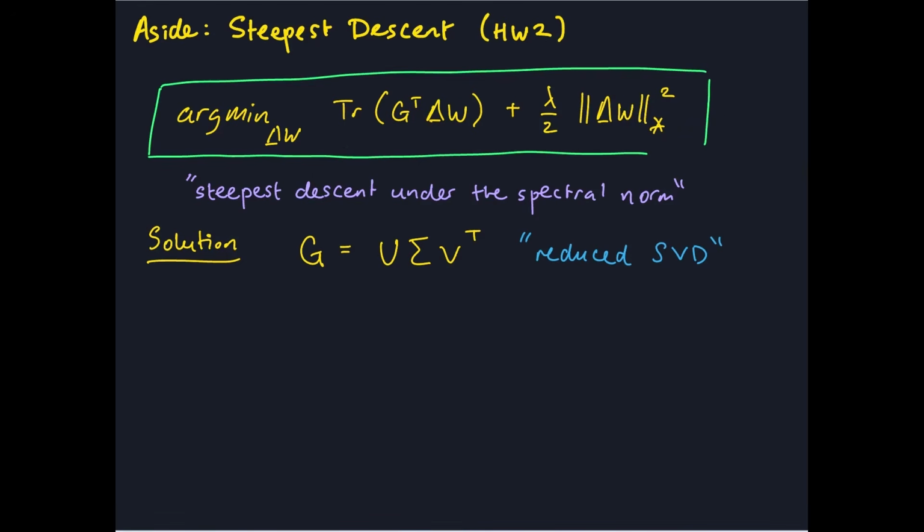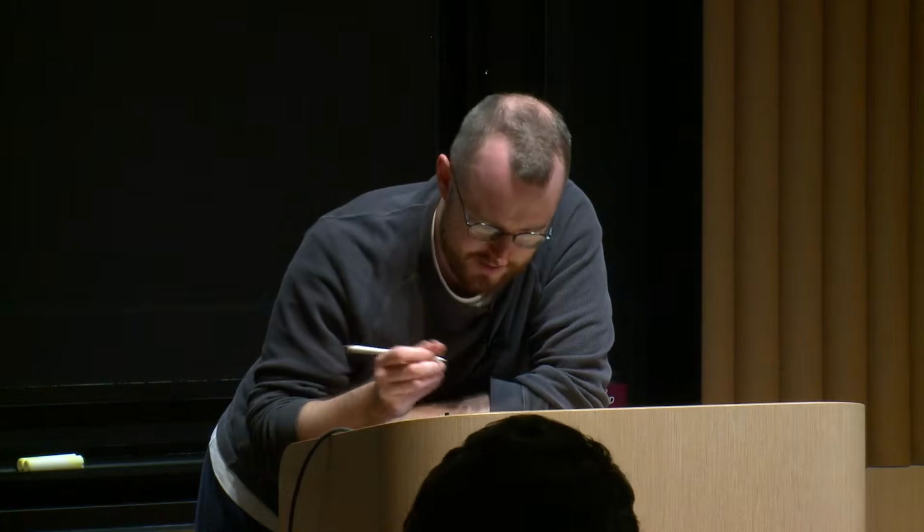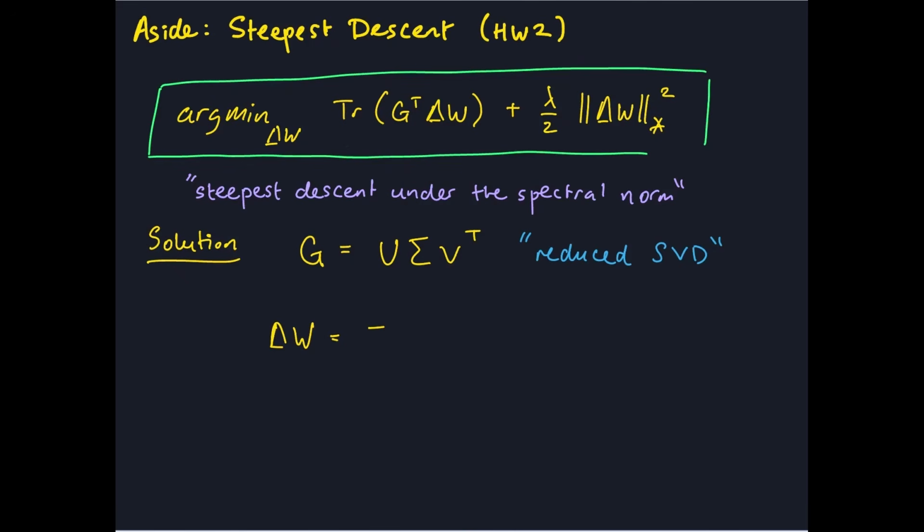Do you remember what the answer was? It's like GG transpose to get the sigma squared. Yeah, something like that. But okay, I'll just write one version of the answer. There are other ways to write it, but this is a simple way to write that answer.